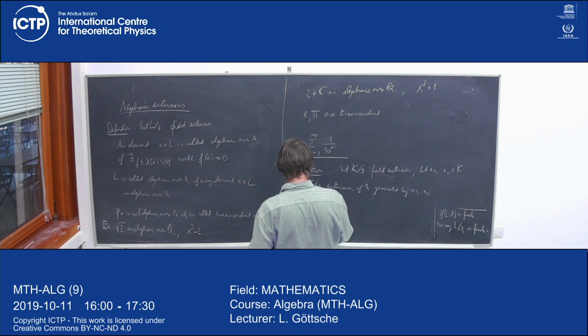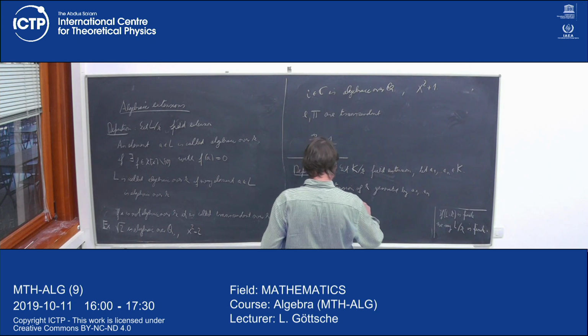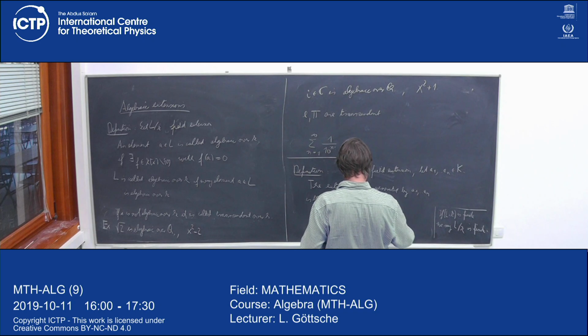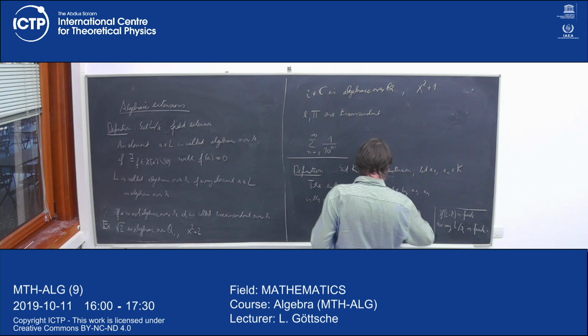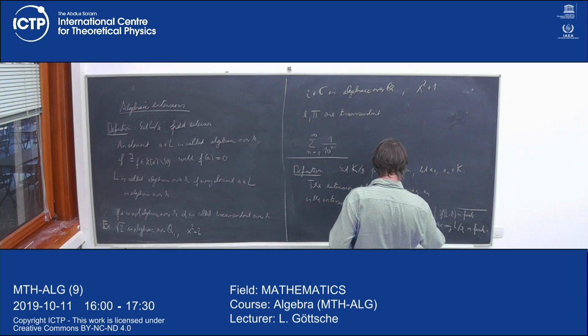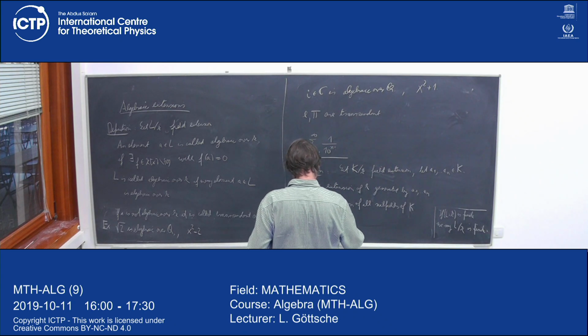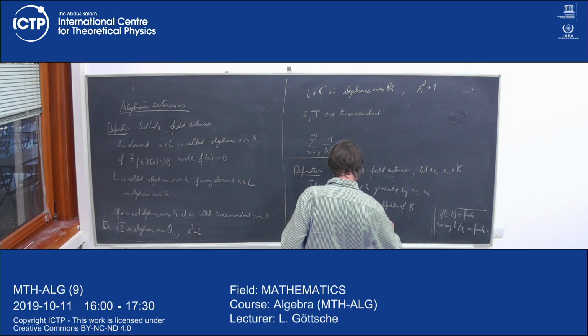So it is the intersection of all subfields of K which contain small k and A1 to An.